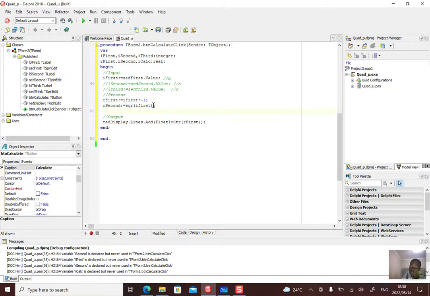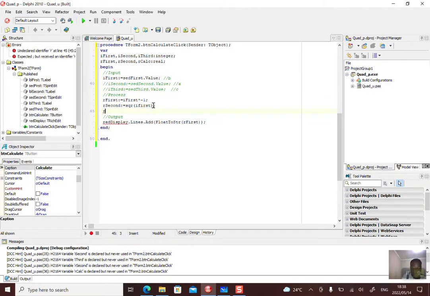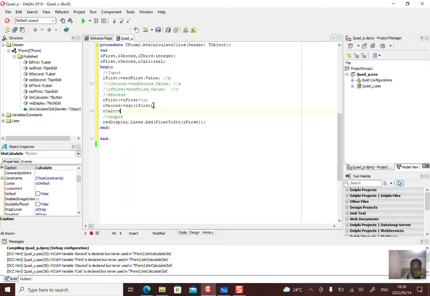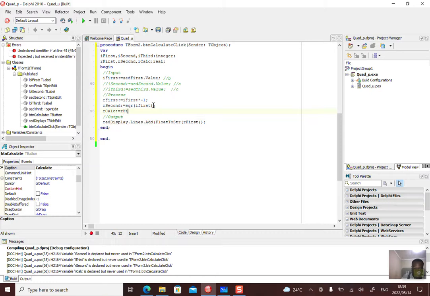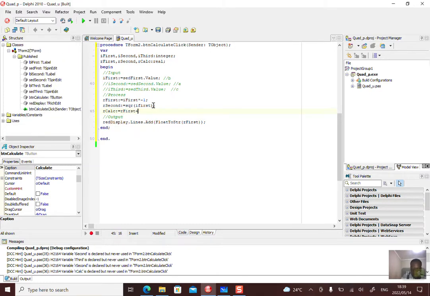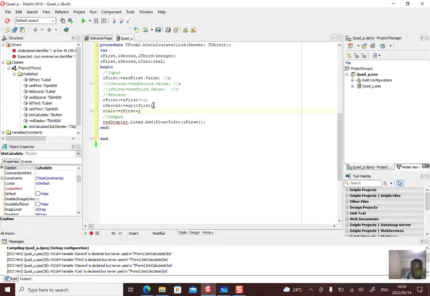After squaring, it should say rcalc, assignment operator, r first plus r second.